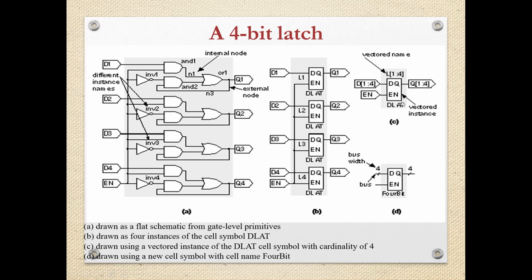So there are 4 such latches starting from L1 to L4. The inputs to these latches are D1 to D4. There is one enable signal, and at the output side also we have the 4 different signals, that is Q1 to Q4. So this is the D latch, for which the vectored instance is shown over there. It is a 4-bit latch. So we can show it in this fashion also, like one bus over which the bus width is also mentioned.